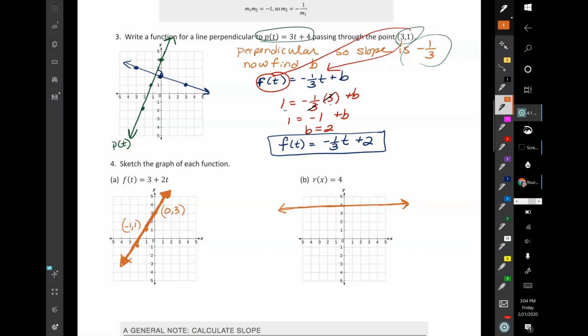I would definitely fail the vertical line test. And you can think of the slope as being 0. Sometimes it might even help to think of r of x equals 0x plus 4, although we normally wouldn't write that. We would just write r of x equals 4, like we have above.